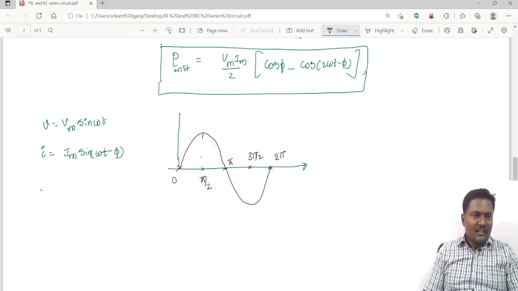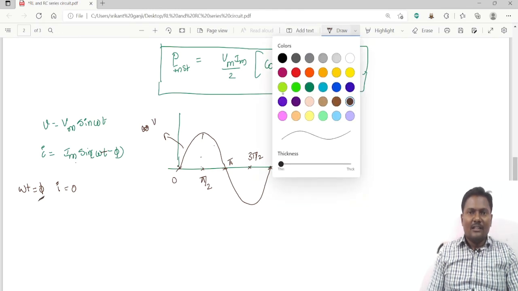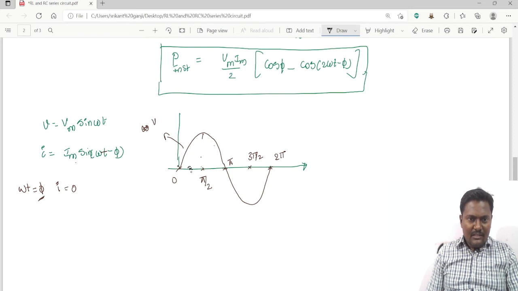At omega t equal to phi, only then the current value is 0: Im sin of phi minus phi is 0. Means the current waveform will start at phi. It is lagging at an angle of phi, that may be 30 degrees, 45 degrees, that depends upon the phi only. So I am taking a small angle.